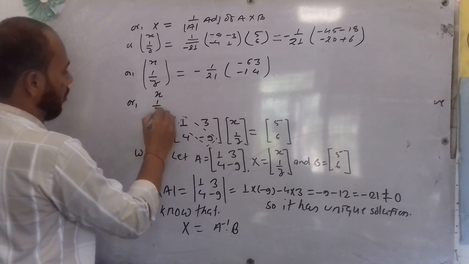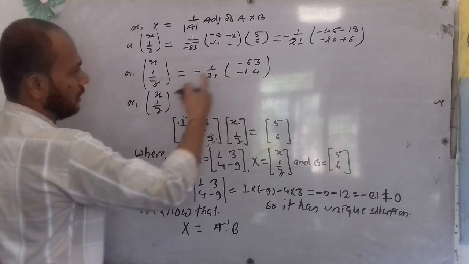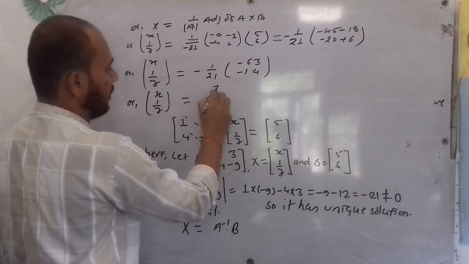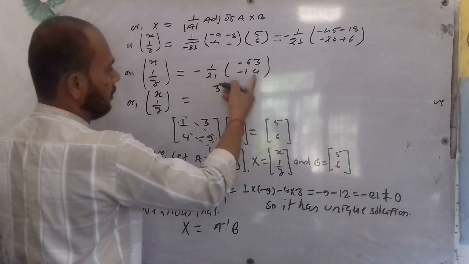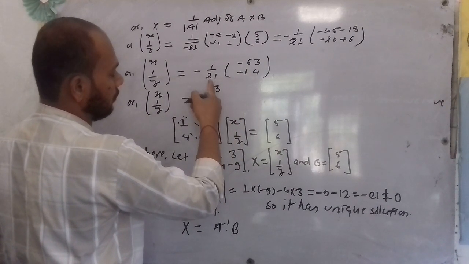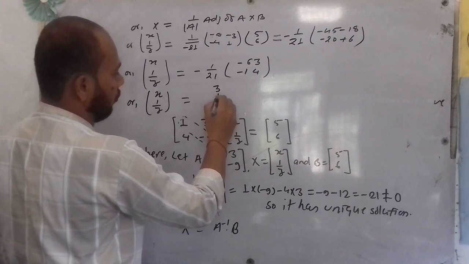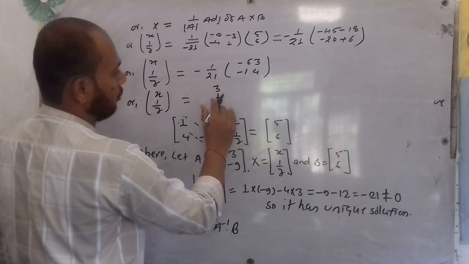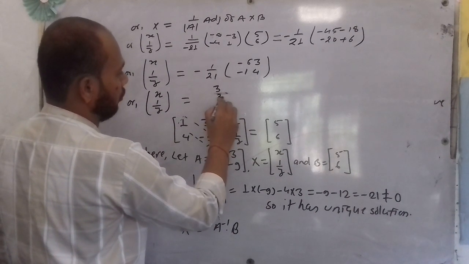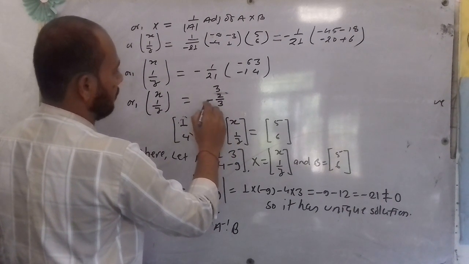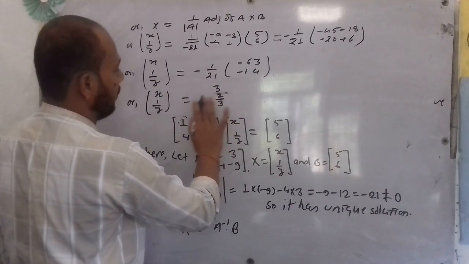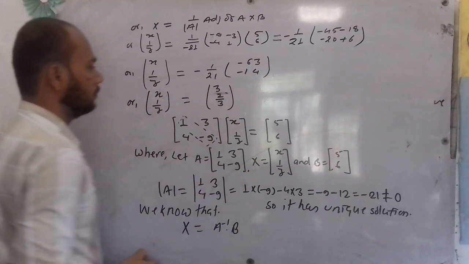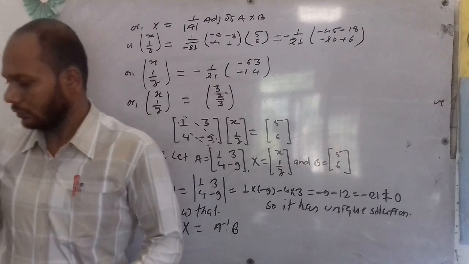X, 1 by y is equal to, multiplying these, we have here 3, and here 2 by 3. Write down.